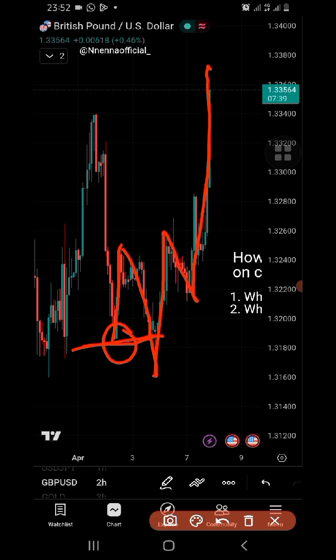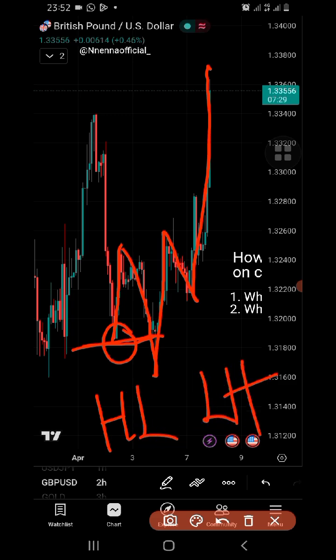Just think of it like higher lows or lower highs being swept. When they are swept, they are forms of manipulation.